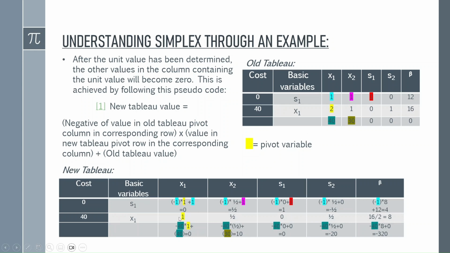And now the new table, observe that the pivot variable is made into a unity and the entire row has been changed as we multiply the entire row. So let's understand this algorithm and how we apply it for each element of the table to achieve zeros in the pivot column.